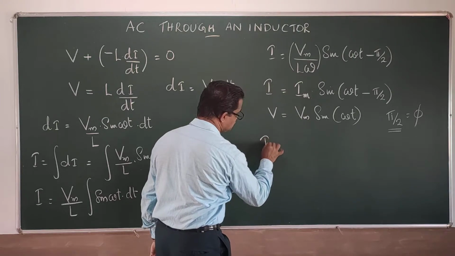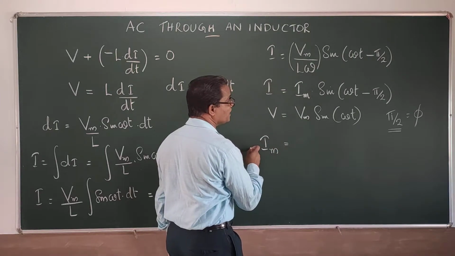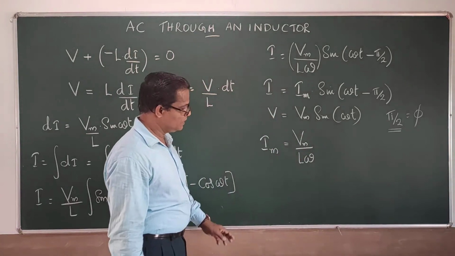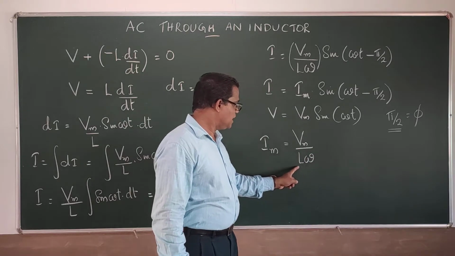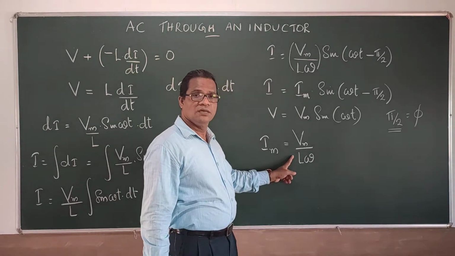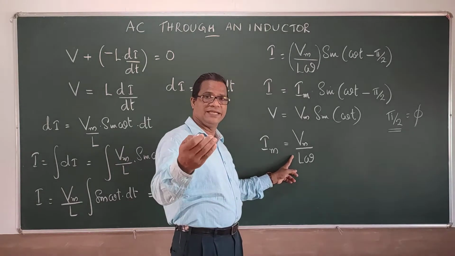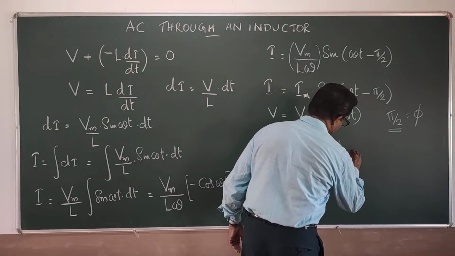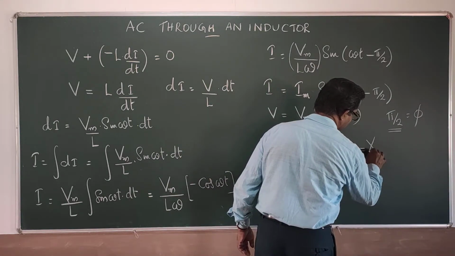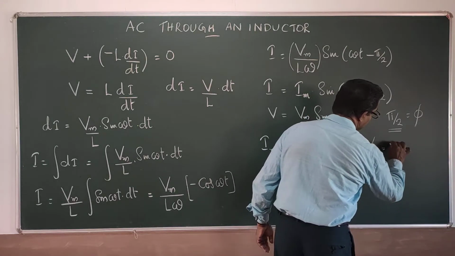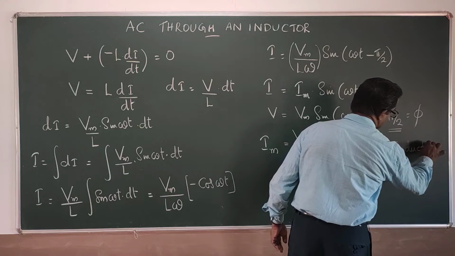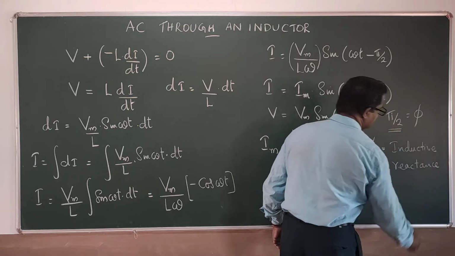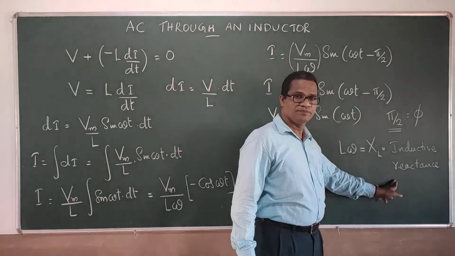Another thing is that we substituted Im, the peak value of current, as Vm by L omega. This L omega is a kind of resistance offered by the inductor to the flow of current. This opposition L omega we take as XL, called inductive reactance.